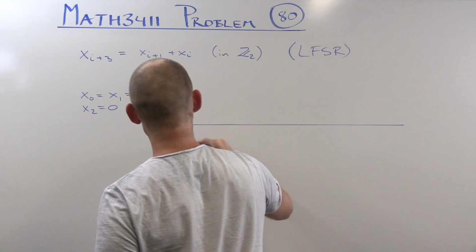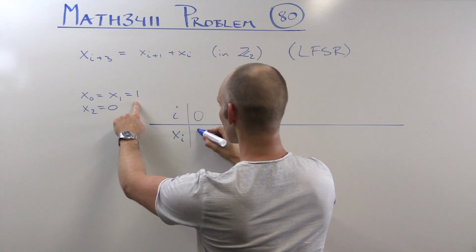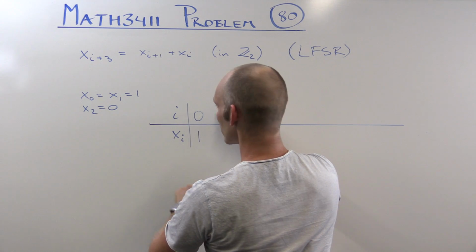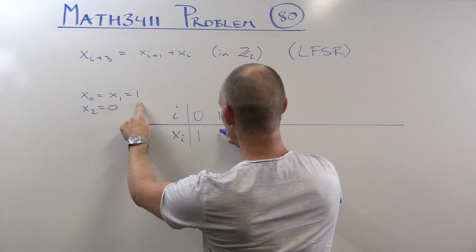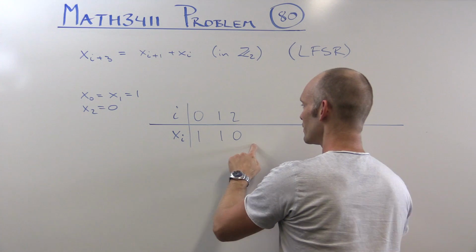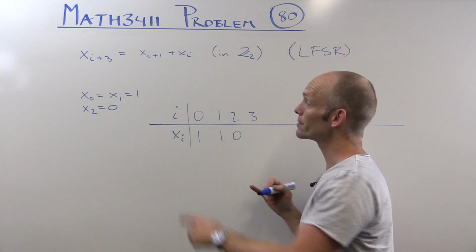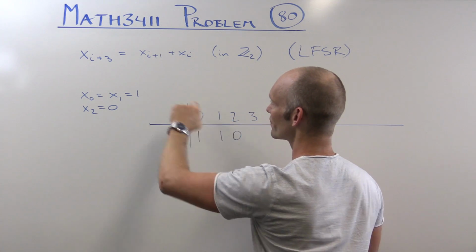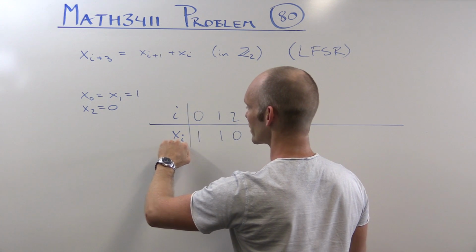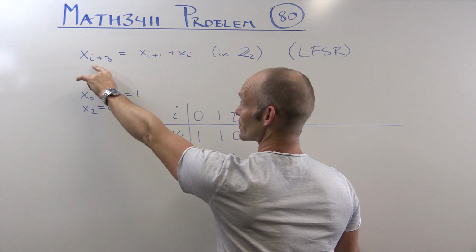Where we start off with 0, x0 is 1, x1 is also 1, x2 is 0, and for the third step we don't have any given values, so we have to use the iteration here. So here we're looking for x3, so that's where i here is equal to 0.